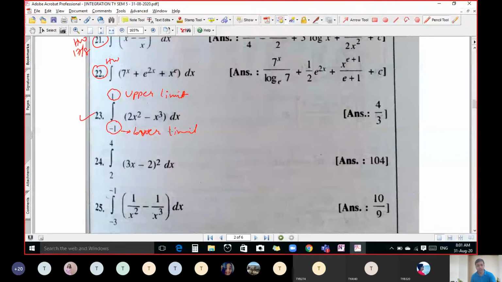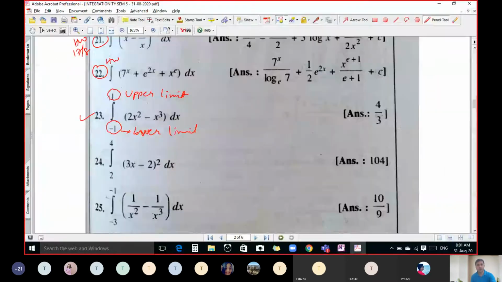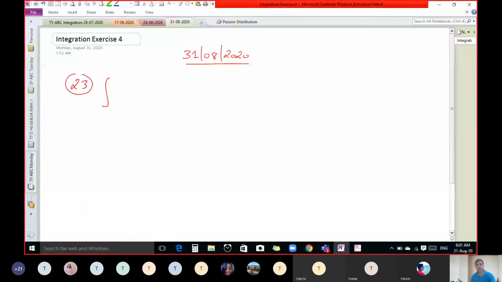Let us start. See question number 23. Integration of 2x square minus x cube dx, and here it is given -1 to +1.